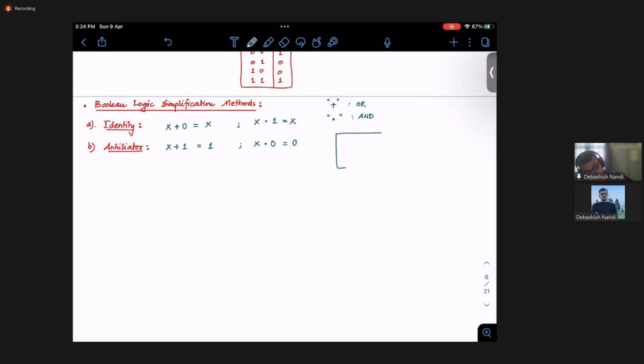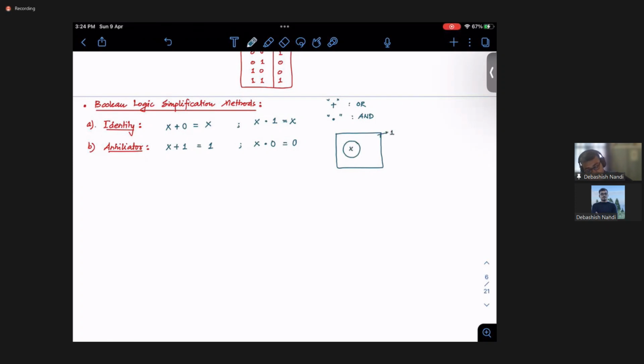You must be familiar with set theory, right? You can think of it like that. Suppose this is your entire sample space, the entire universe. Now say you have x. So this is your 1, right?